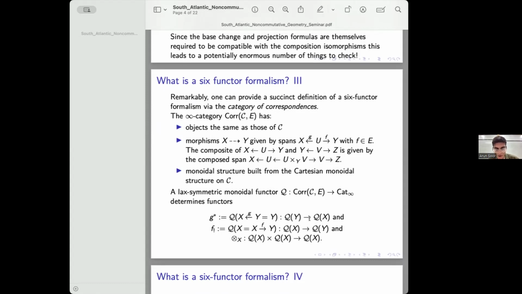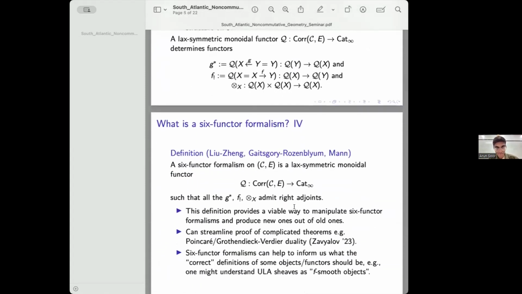Oh yeah, sorry, you're right. This should be a morphism from X to Y. So it's QX to QY. Yeah, that should be QX to QY. So that's a misprint. Because the first line indicated that Q was contravariant, and the second line that it was covariant. Oh yeah, sorry. Thank you for pointing that out. So this should be an X, and this should be a Y. Okay, sorry about that.